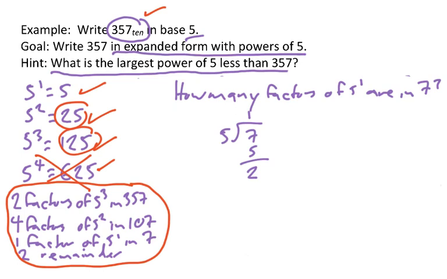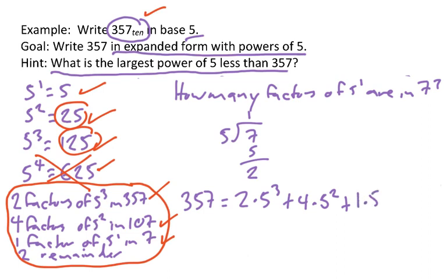What all of that is telling me is that the number 357 is 2 times 5 to the third, that's this row, plus 4 times 5 squared, that's this row, plus 1 times 5, there's 1 five, plus 2 left over.